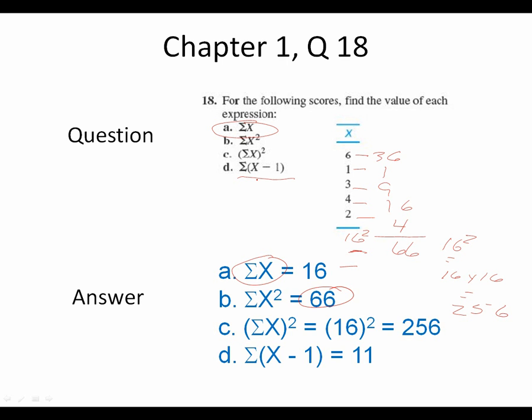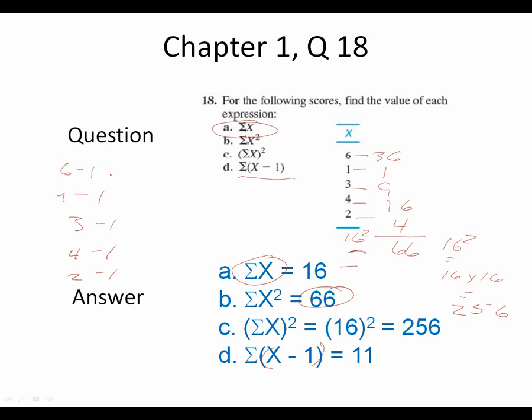And the last one is asking me to simply deduct 1 from each of the X values and add them up. So don't forget these are the parens, and we're doing those first. I'm going to go over here, I have a little more room. We simply take 6 minus 1, 1 minus 1, 3 minus 1, 4 minus 1, and 2 minus 1.